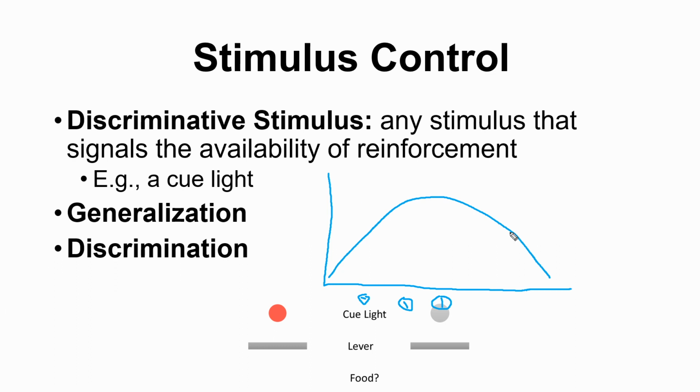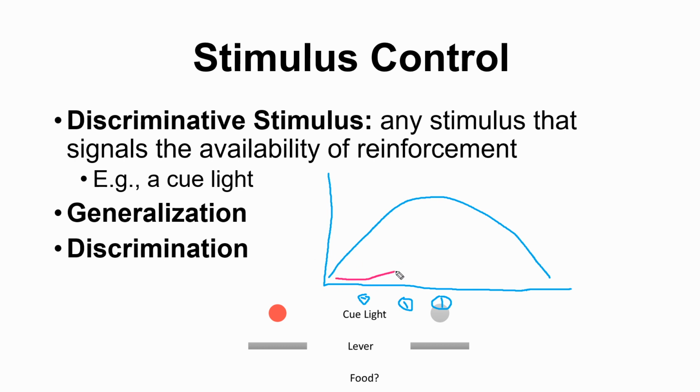And if we see a broad curve, we would say that they're treating the vertical line, the line that they were trained to peck at, very similar to the slightly diagonal lines. So they are generalizing and responding the same way to a similar stimulus.